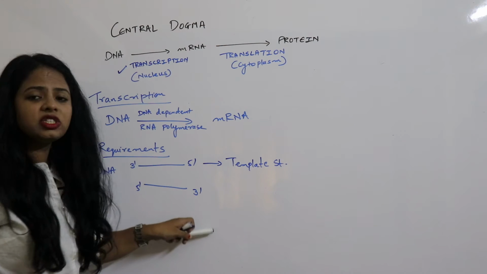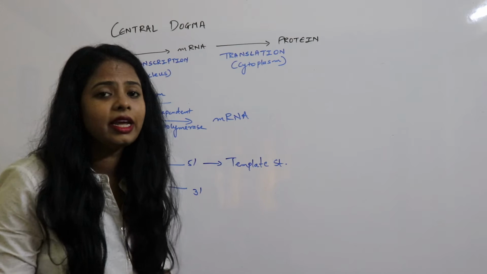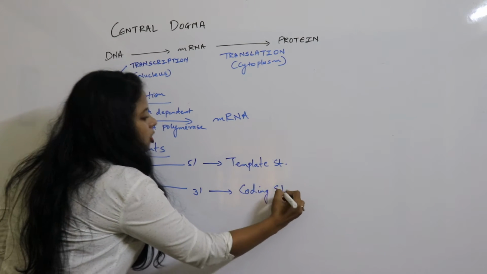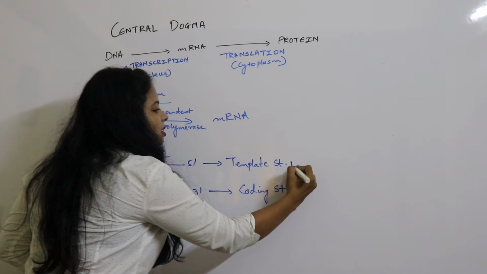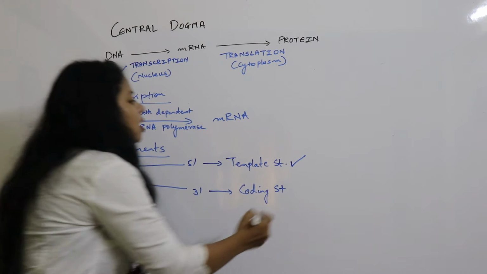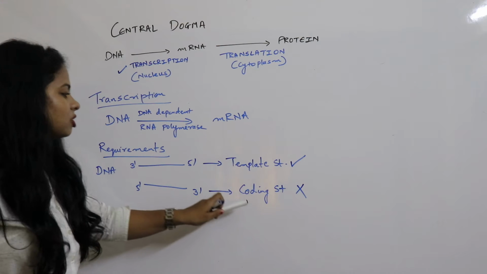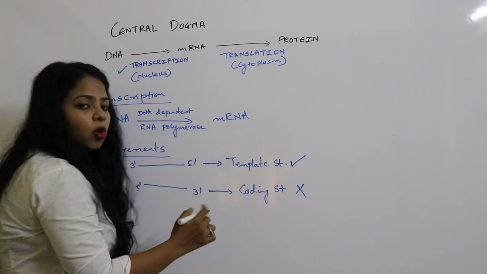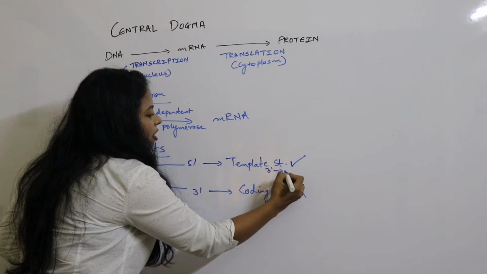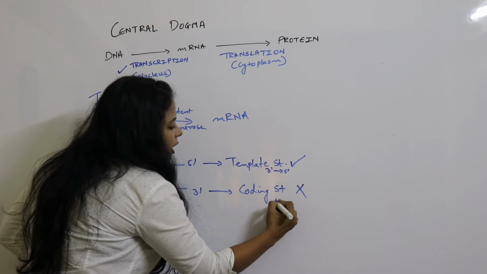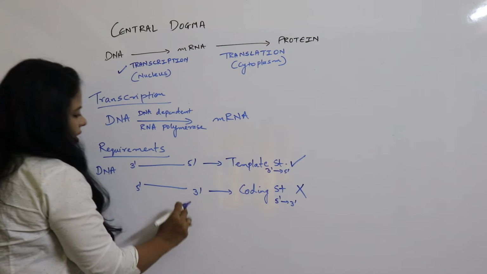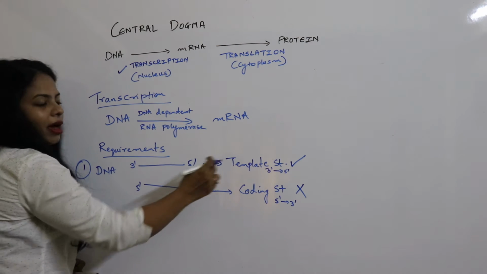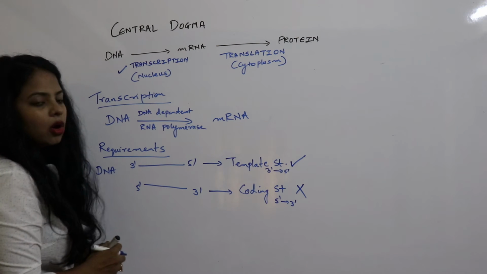Now, the strand on which RNA synthesis does not take place is called as coding strand. Now, template strand opens from 3' to 5' and coding from 5' to 3' as you can see here, right? So the first requirement is you require template strand for the synthesis.